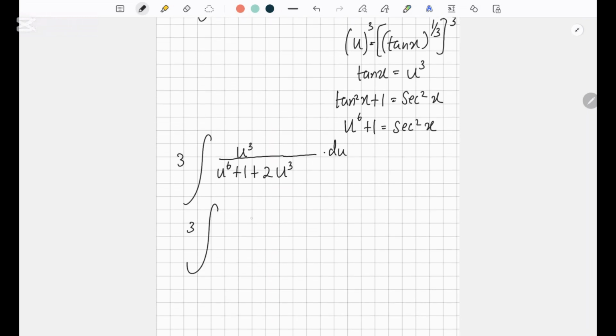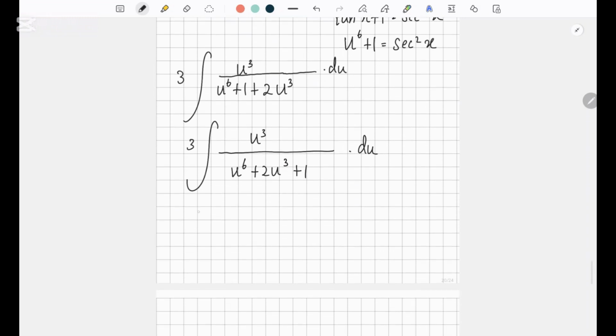So now it's going to be u to the power 3 over u to the power 6 plus 2u to the power 3 plus 1 dot du. If you look at the denominator, u to the power 6 plus 2u to the power 3 plus 1, you can rewrite it as (u to the power 3 plus 1) in brackets squared. If you expand this, you get u to the power 6 plus 2u to the power 3 plus 1.